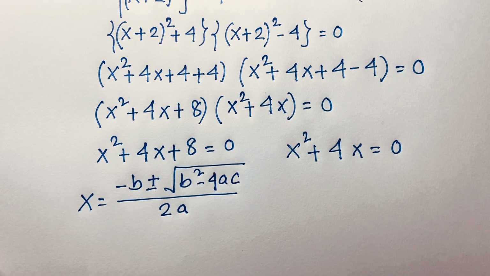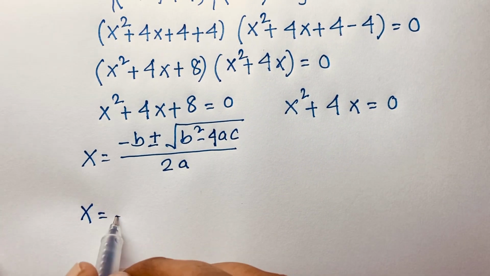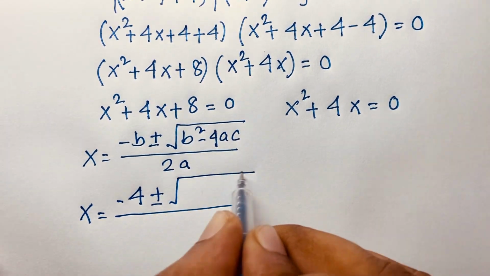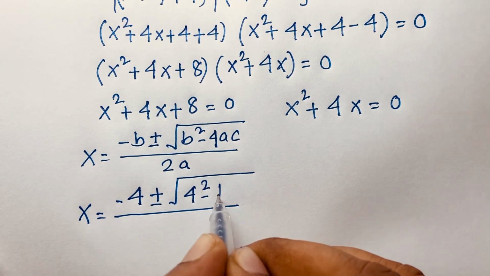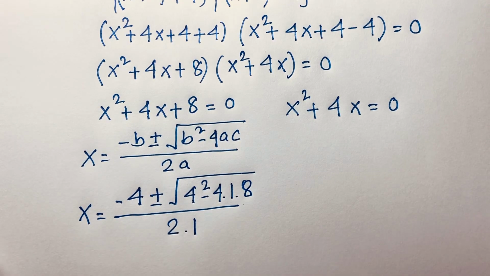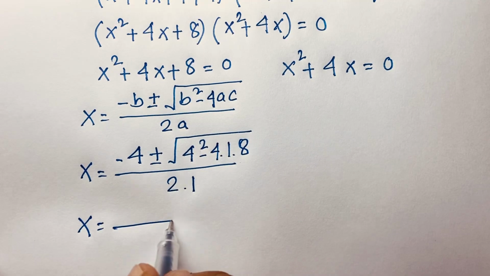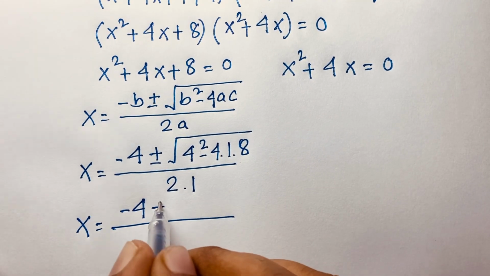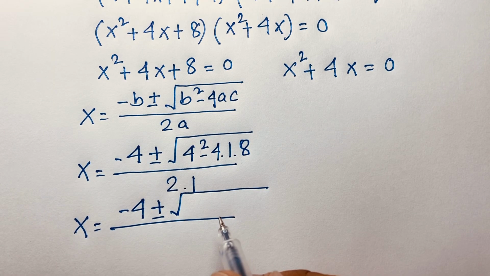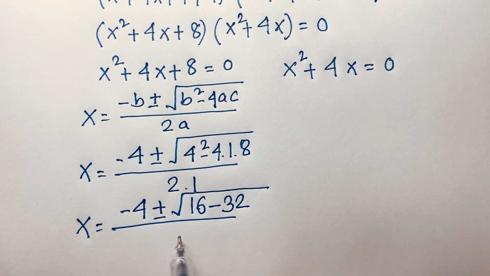According to this law, x = -4 ± sqrt(4^2 - 4 times 1 times 8) over 2 times 1.